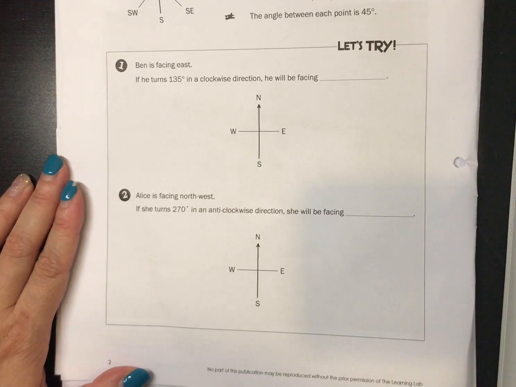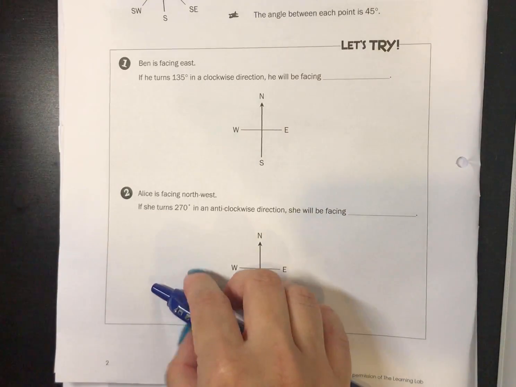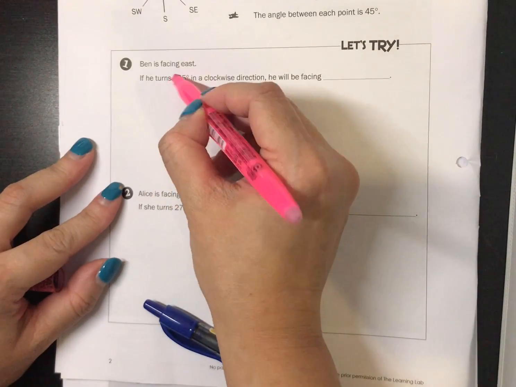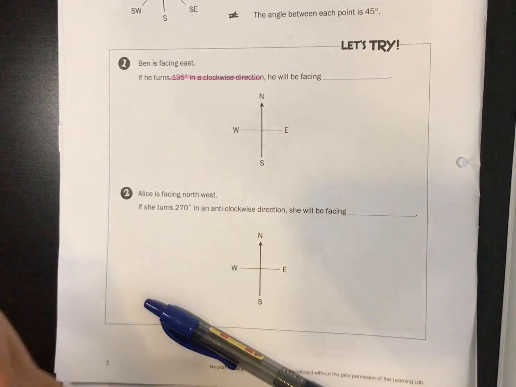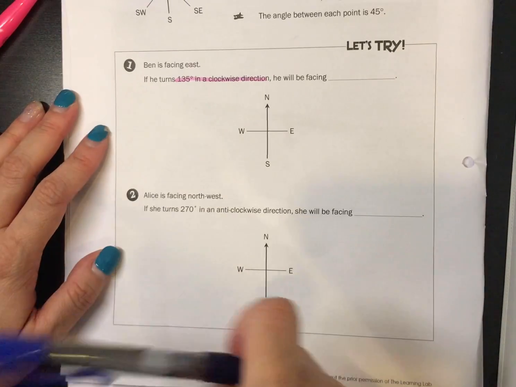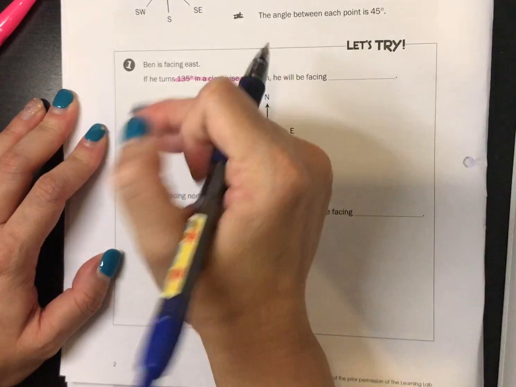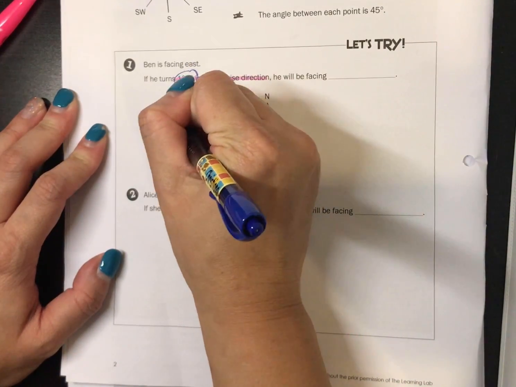Okay, let's do the portion on let's try. So let's start with question number 1. Ben is facing east. He turns 135 degrees in a clockwise direction. So first of all, we need to find out what does 135 refer to.